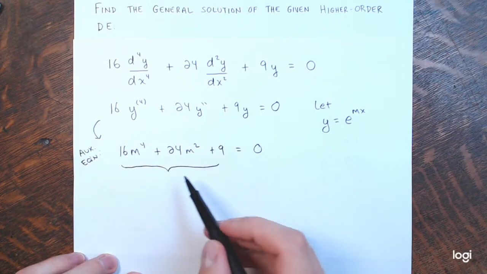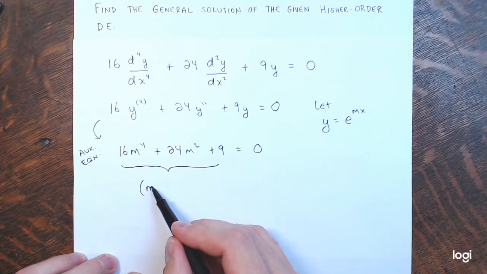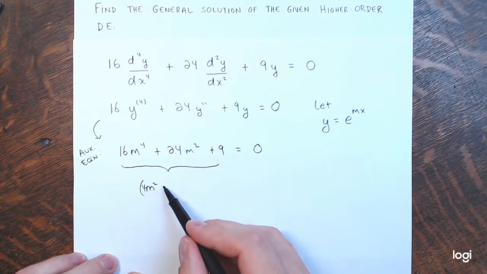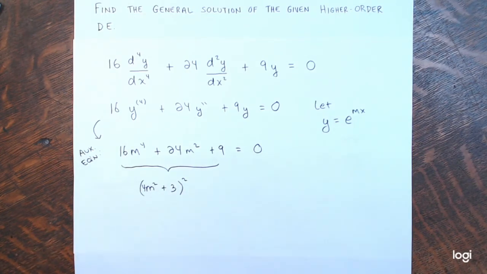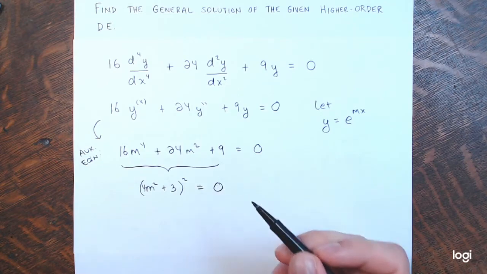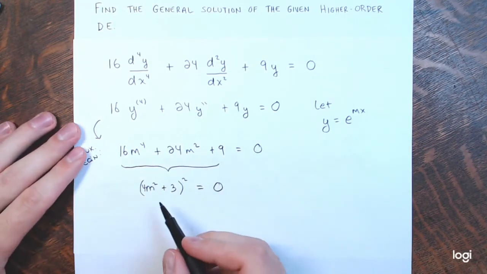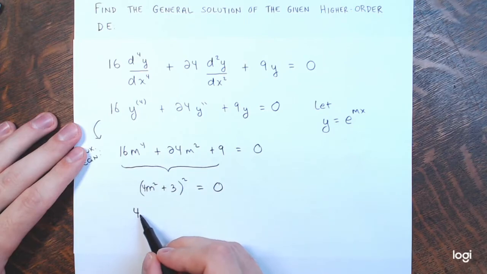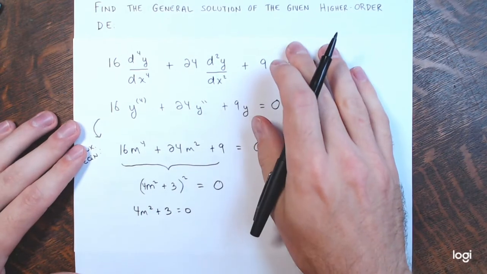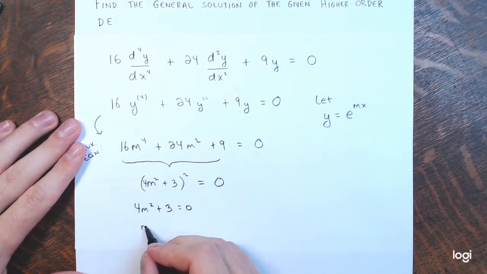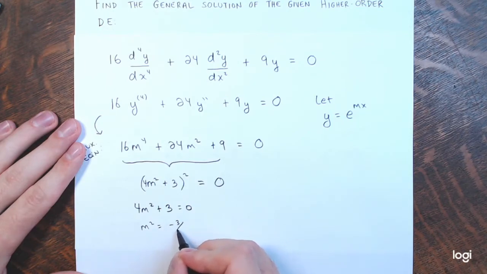This polynomial here factors to 4m squared plus 3, that quantity squared, equals 0. And I'll leave it to you to check that pretty easily. And so when we're finding the roots, when is 4m squared plus 3 equal to 0? Well, subtract 3, divide by 4, we'd have m squared equals negative 3 fourths.